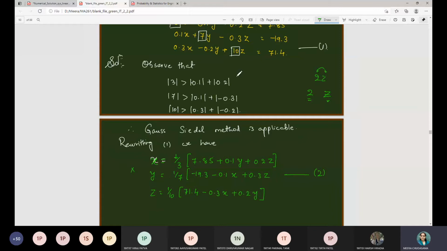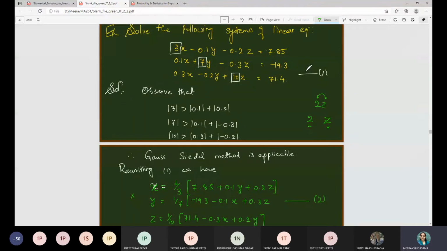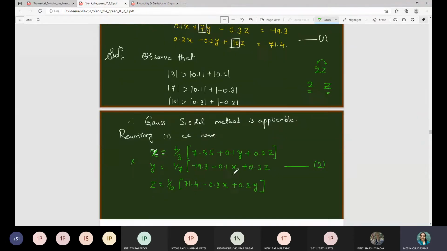So it is always advisable that you recheck these entries. 1 upon 3, 0.1 will be positive, 0.2 will be positive, yes, minus 19.3, then minus 0.1x plus 0.3z, 71.4 with 10 in the denominator, minus 0.3x plus 0.2y, right? So this is correct.